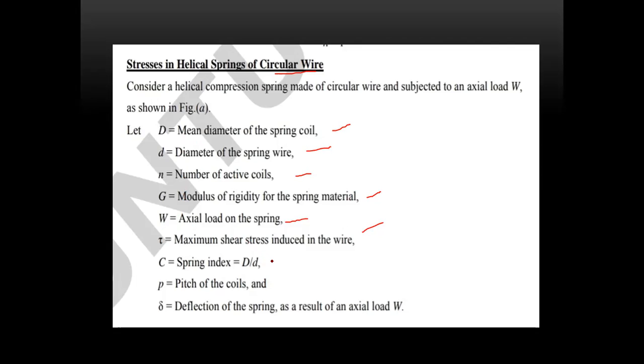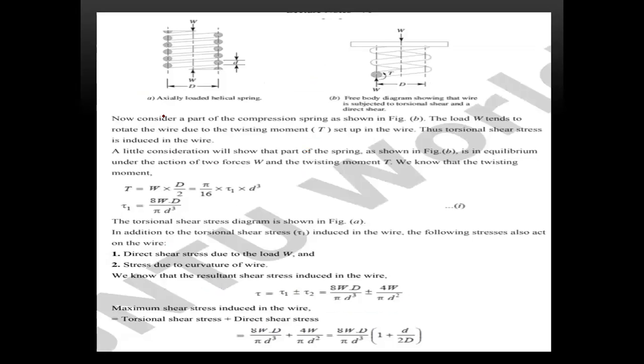Spring index is equal to mean diameter by diameter of the spring wire. P is the pitch of the coil. Rho is the deflection of the spring. Based on this, you have the formula for the twisting moment. Whatever formulas are in this unit, everything will be in the design data book.